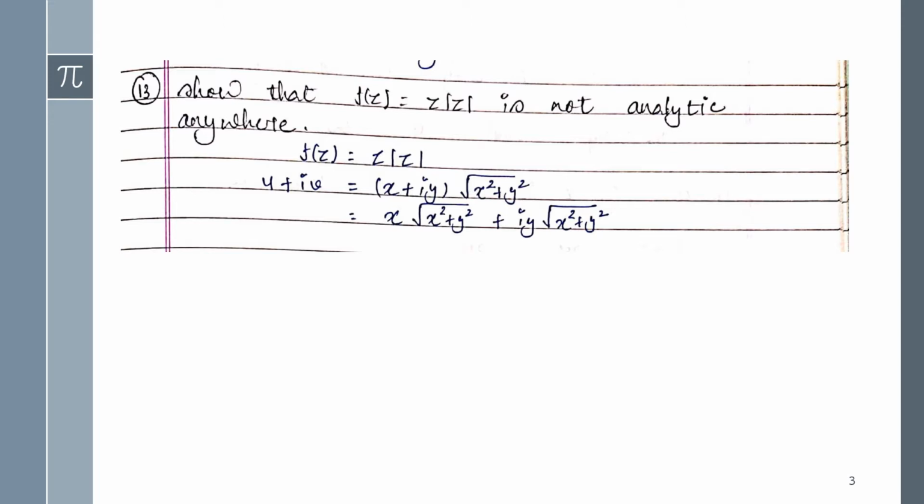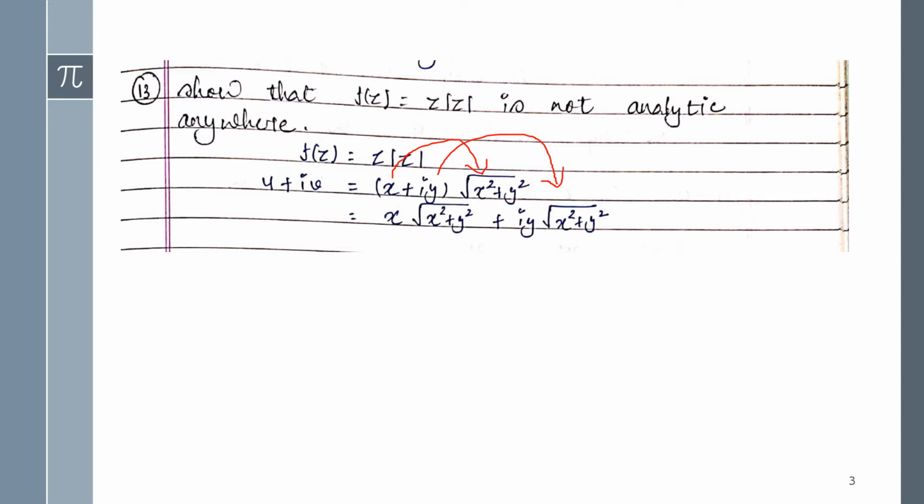So I'm writing here under root x squared plus y squared. Now opening the brackets, this will be x into this function, and then iy into this function. Doing the multiplication, you will get x into under root x squared plus y squared plus iy into under root x squared plus y squared.